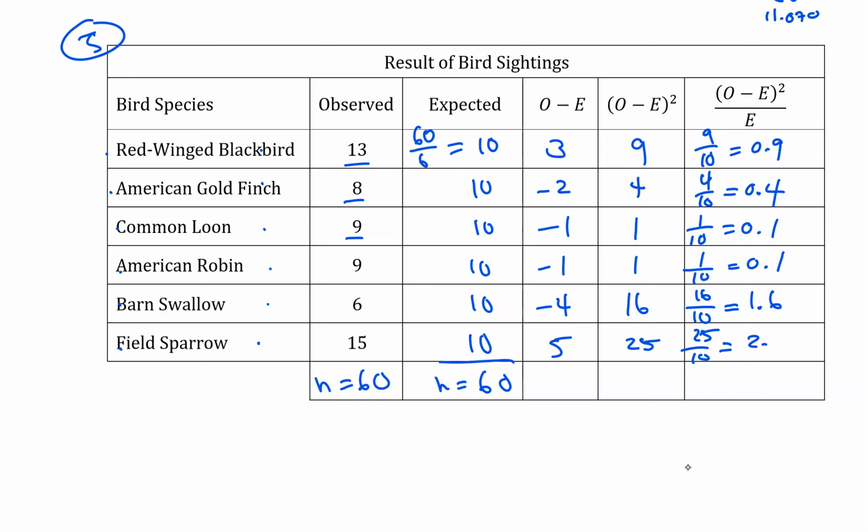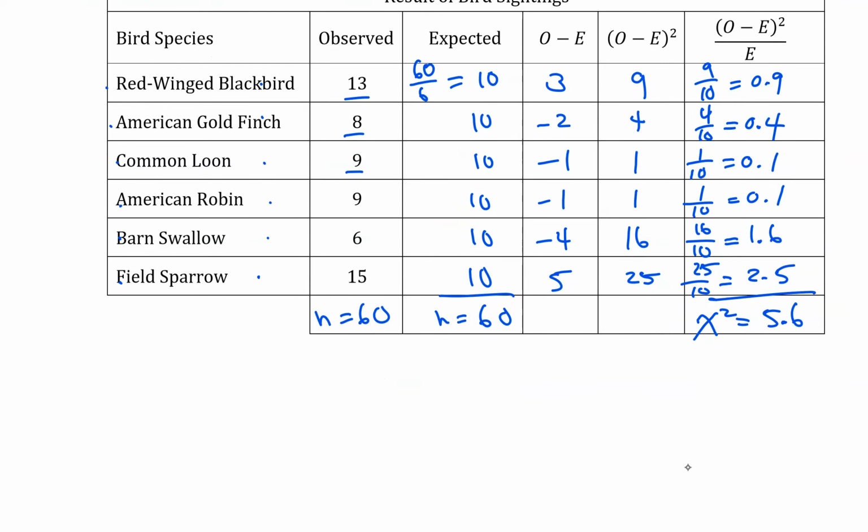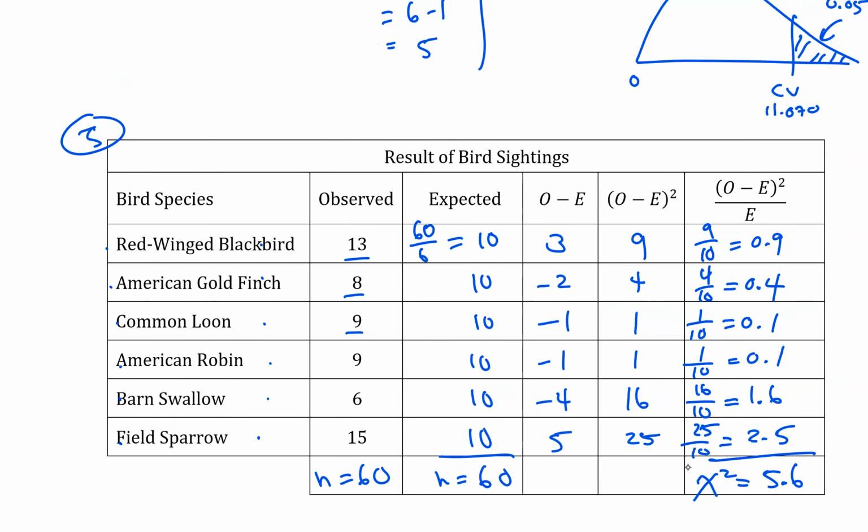And then we basically have to add them up to get our chi-squared value. So we end up getting 5.6. Okay, so did we make it into our critical region?